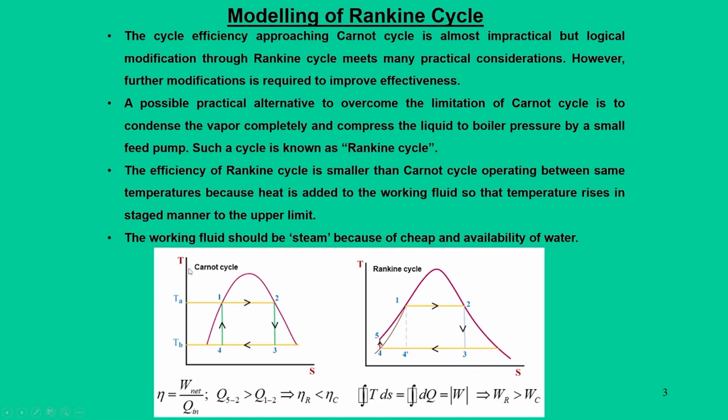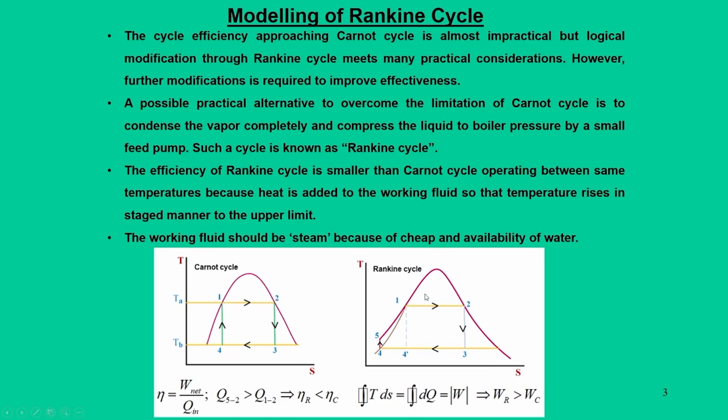If you look at the TS diagram, there are two temperature limits, TA and TB, where TA is the upper temperature and TB is the lower temperature, and if a Carnot cycle is to operate on this, then we can find its efficiency. Since it is a TS diagram, the area under this cycle will give you the net heat transfer. So, the heat addition process in this Carnot cycle is this Q12.